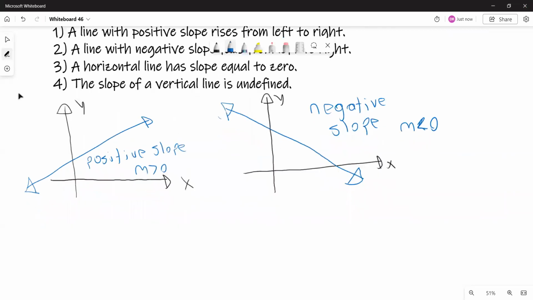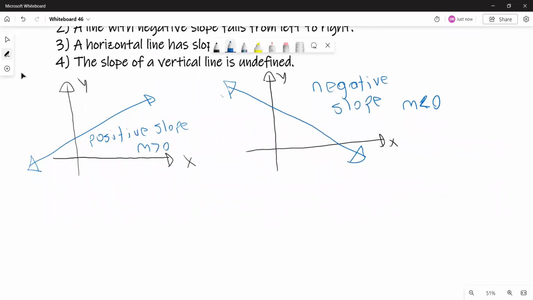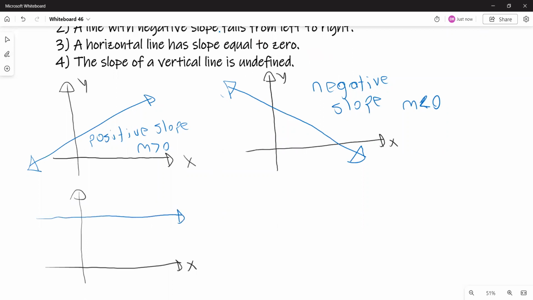Number 3, a horizontal line has slope equal to 0. So no matter how far the line runs, it's never going to rise or fall. So the rise is 0 regardless of the value of the run.